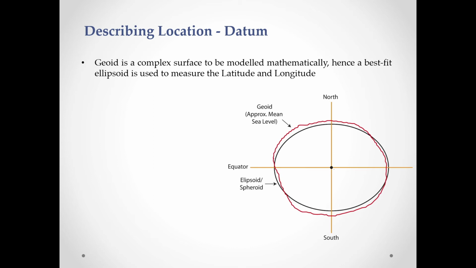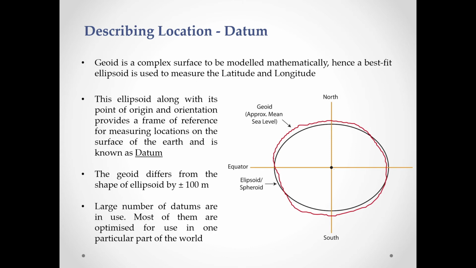That's why a best fit ellipsoid is used to describe the Earth mathematically. This ellipsoid, along with its point of origin and orientation, provides a frame of reference for measuring locations on the surface of the Earth and is known as datum.